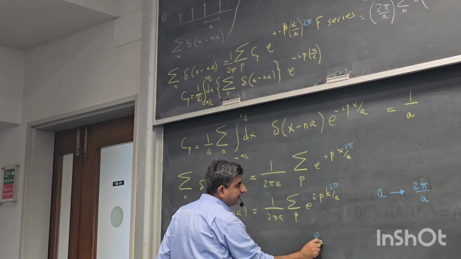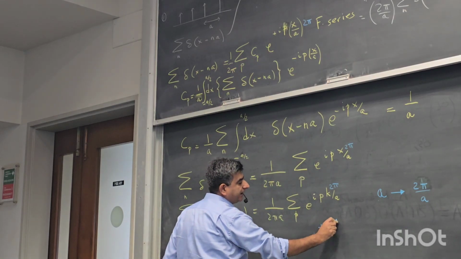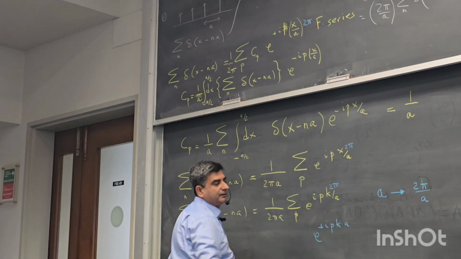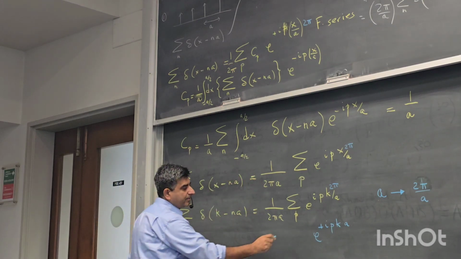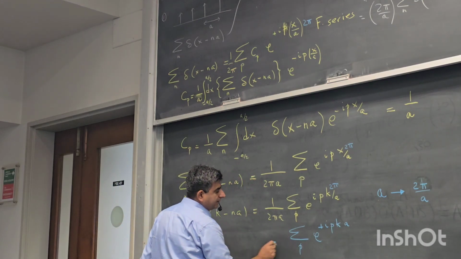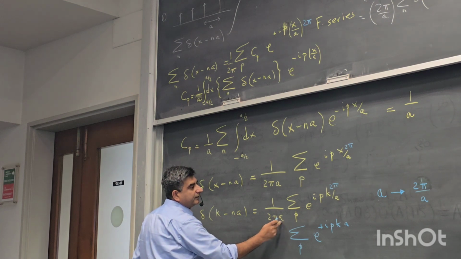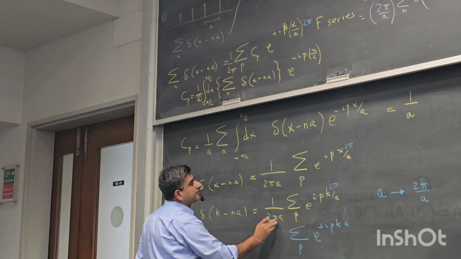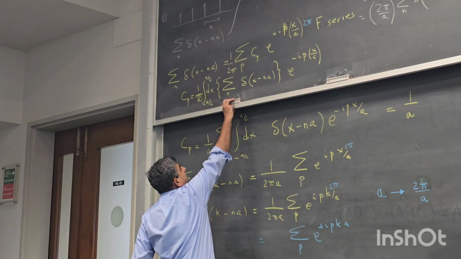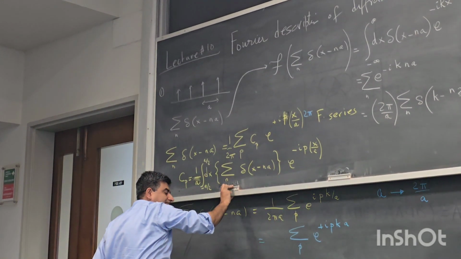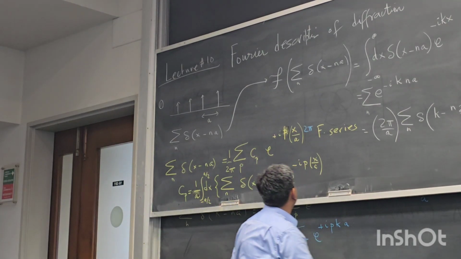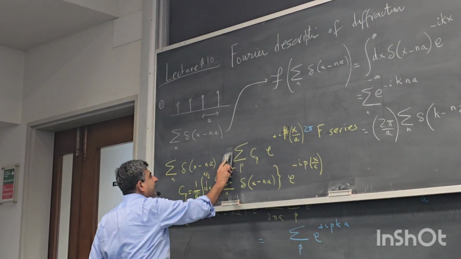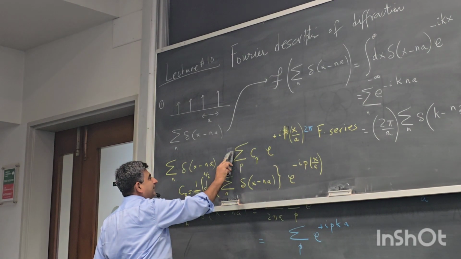This becomes e to the i p K a. Okay, p. This becomes 2A is to be replaced by... I wrote 1 over 2 pi wrongly, that is not there, sorry, in the Fourier series.